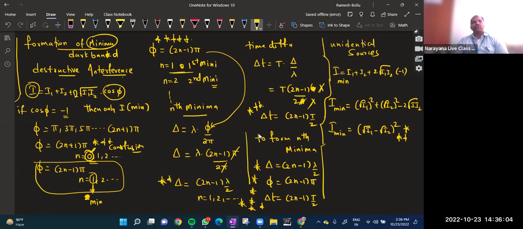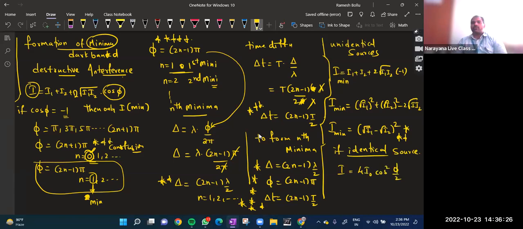Is there any rule that two sources should be identical? No. Sometimes identical also. If identical sources are there, identical sources means same size. What is the formula? 4I0 into cosine square of phi by 2.